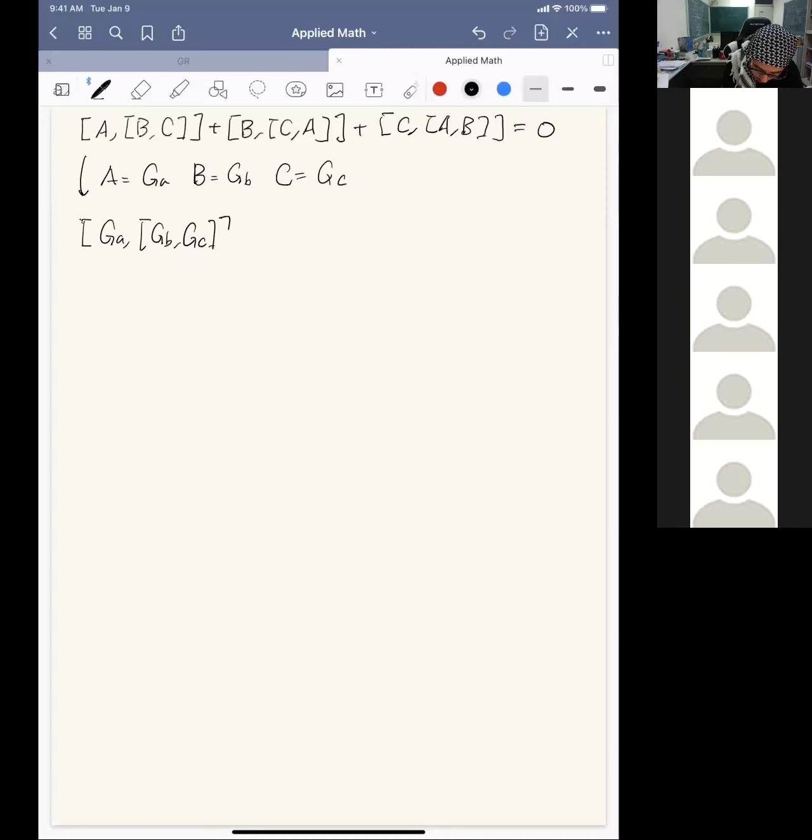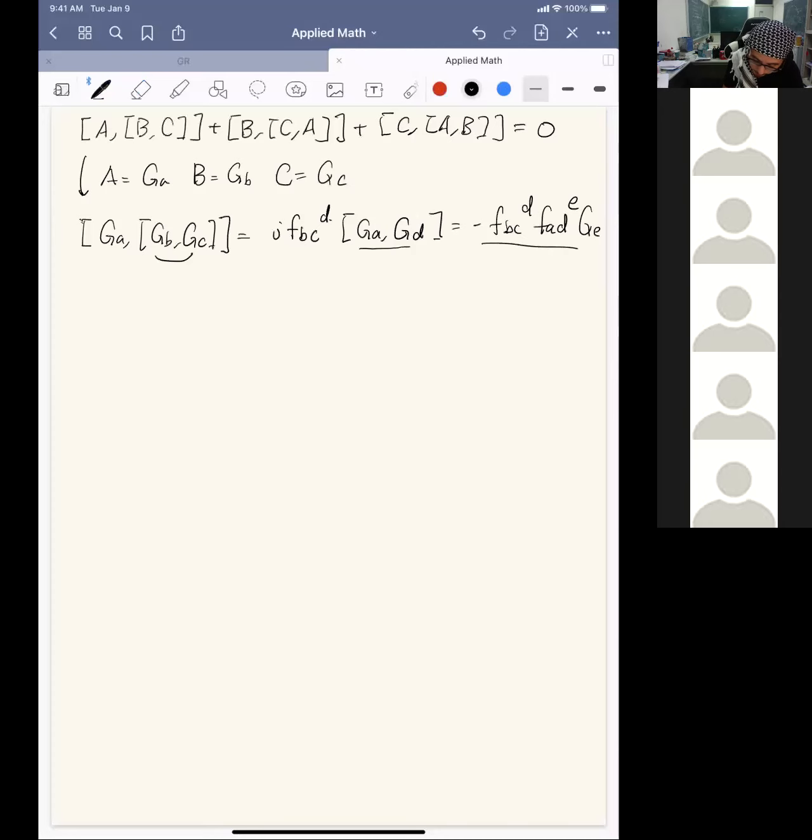Now, as we already know from the formula before, [G_B, G_C] is expandable on the basis of generators. Therefore, this is i f^{BCD} [G_A, G_D]. But then once again, this defines another commutator, and therefore this gives you minus f^{BCD} f^{ADE} G_E, right?